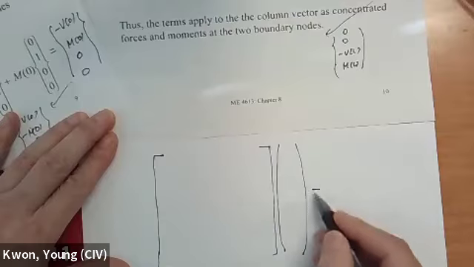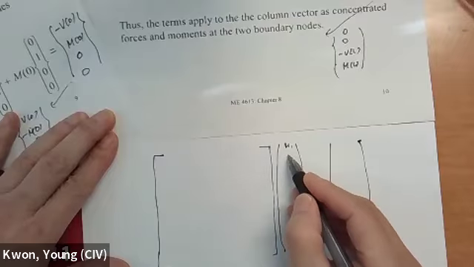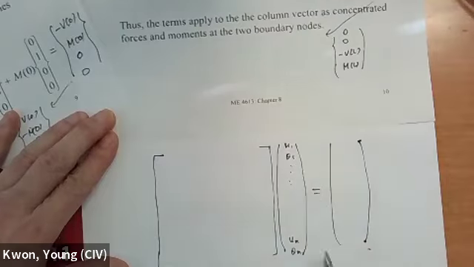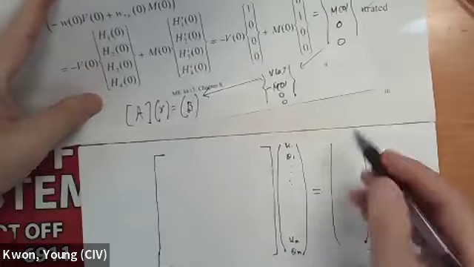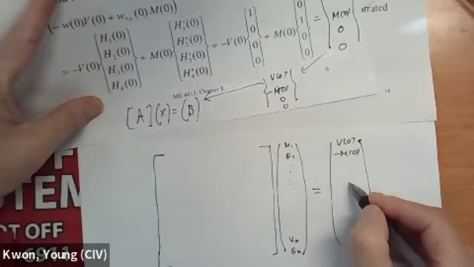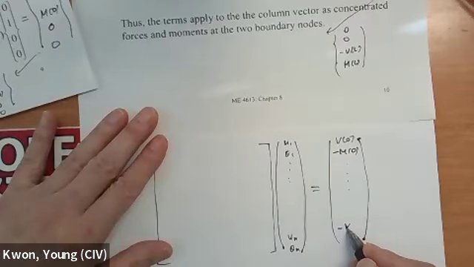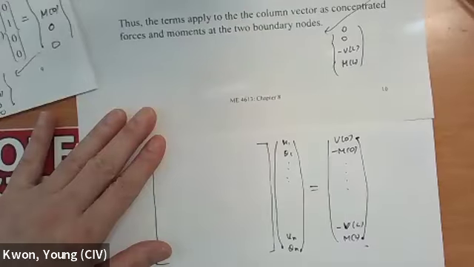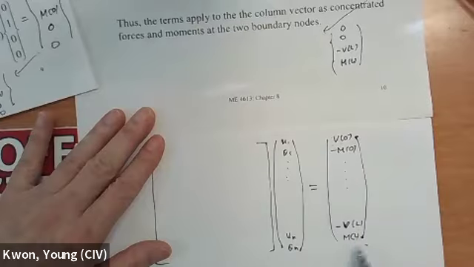First U1, theta 1, and so on, and the last node, UN, theta N. Then on the right, this is going to be V0, negative M0, and so on, and this is going to be negative VL and positive ML. That's the left side shear force and moment, and the right side shear force and moment.